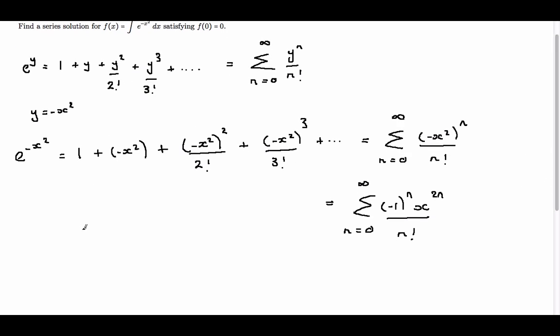So now we said we have the function f of x, which is equal to the integral of e to the minus x squared dx.